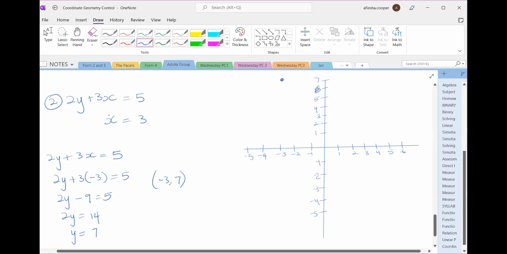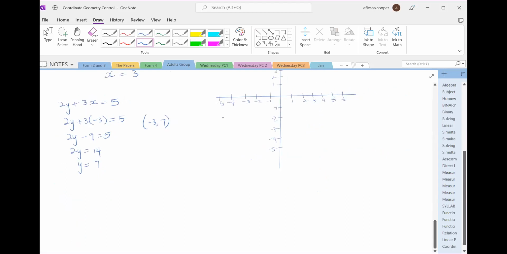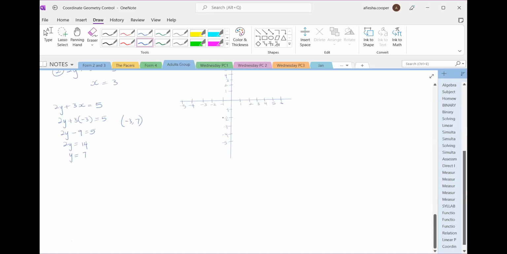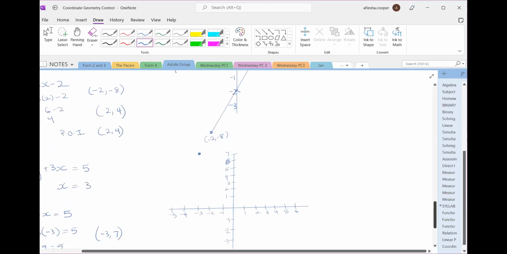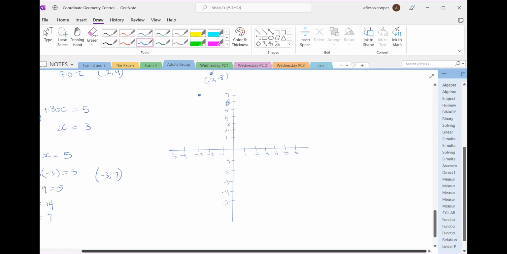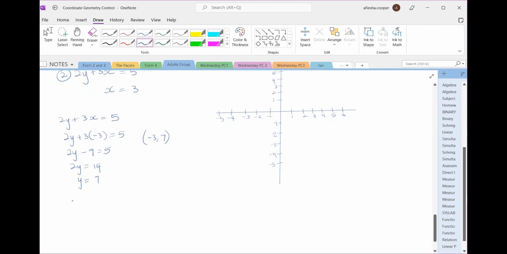All right, and then we need to do our next coordinate. So what other number could we use? -5. So 2y plus 3 times -5 equals 5.